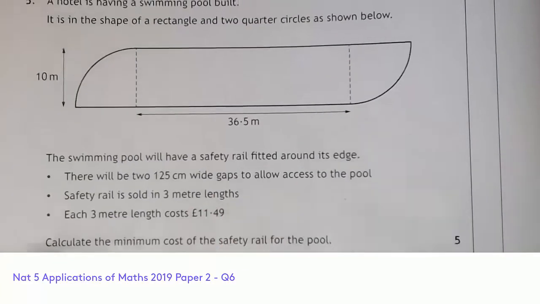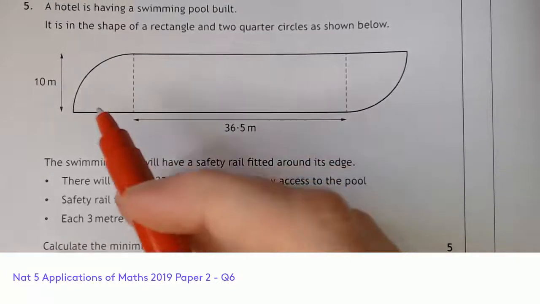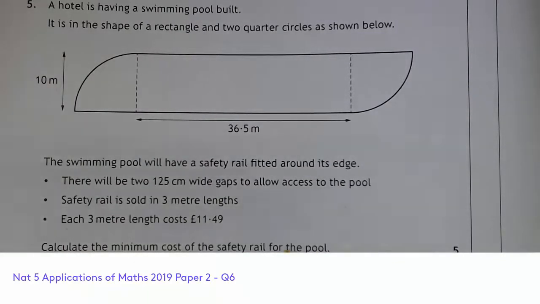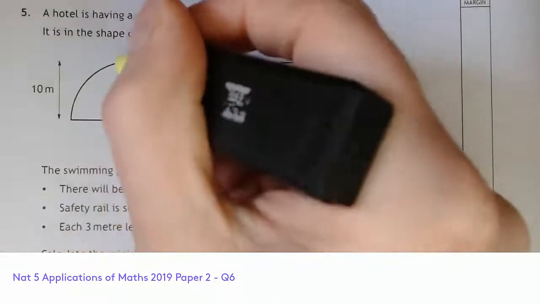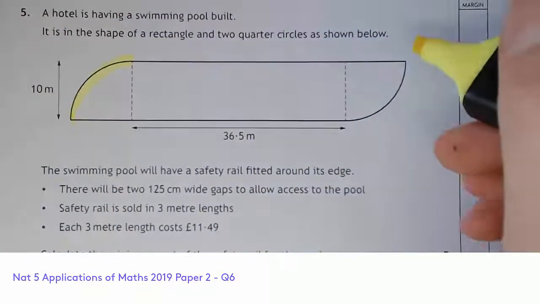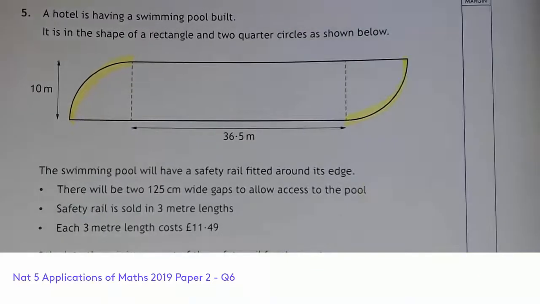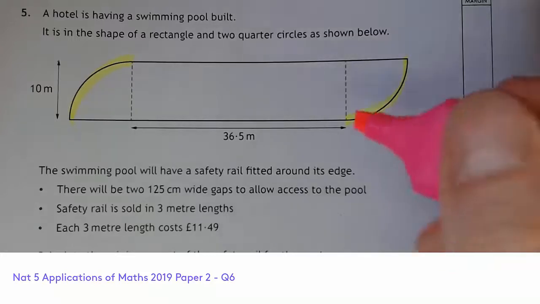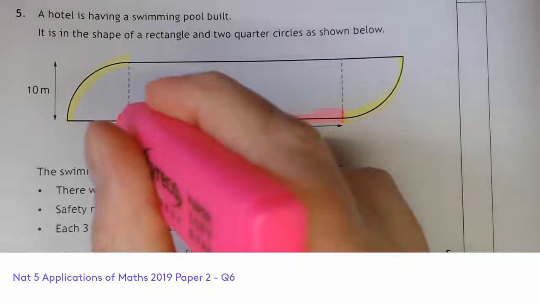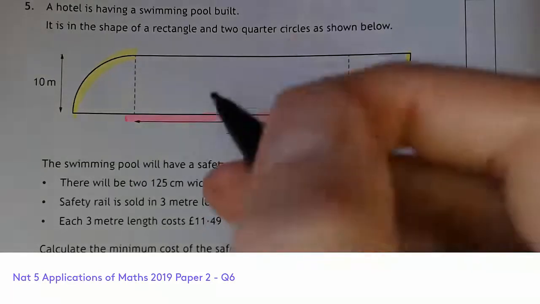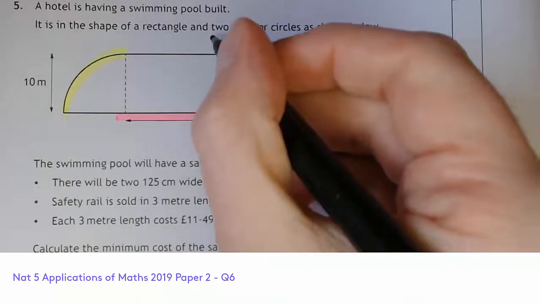Now, you've got a lot of information here, and again, you can actually add some information. If you have a wee look, the shapes that you've got, it even tells you, 2 quarter circles, so we need to work out that side, and obviously if you work out that side, you know this side. You've also got a rectangle, so you know that side is 36.5, and it doesn't do you any harm adding information to this.